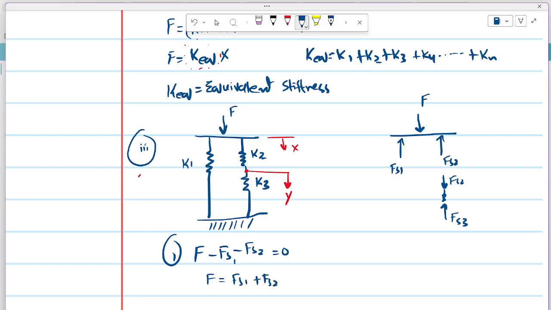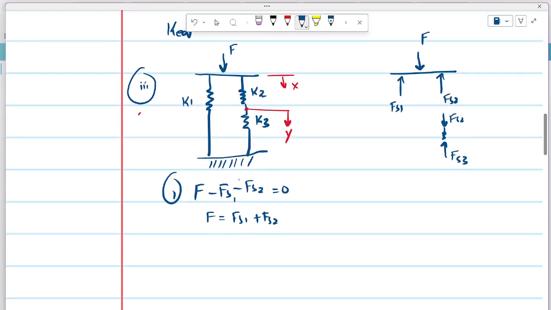Let's leave it here as equation 1. For equation 2, we have Fs2 in the positive direction and Fs3 in the negative direction, so Fs2 minus Fs3 equals 0, and the second spring force equals the third spring force.